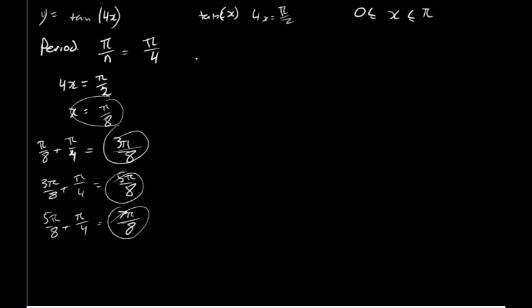Now our x-intercepts. Okay, when does tan of 4x equal 0, between 0 and pi?